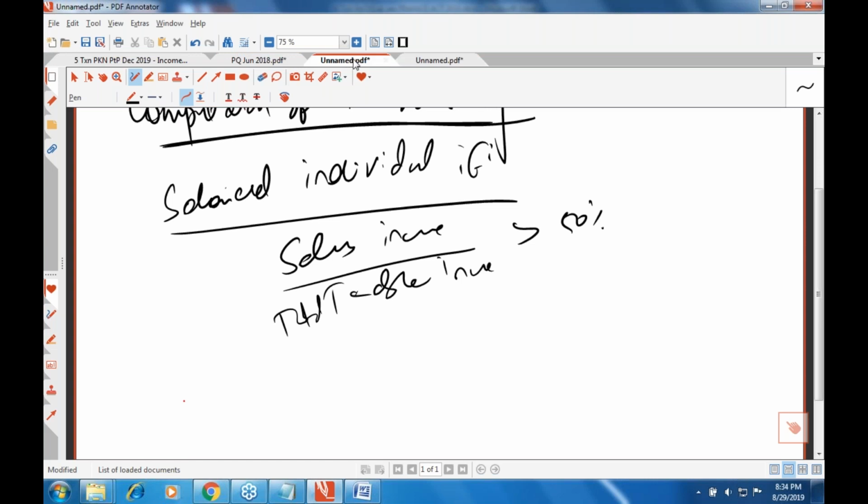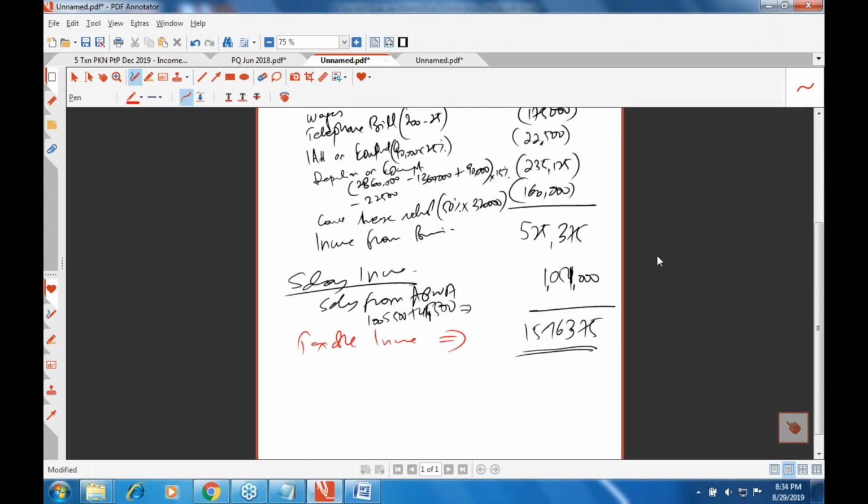Here you see the salary income is 1,051,000, divided by the total income of 1,576,375.